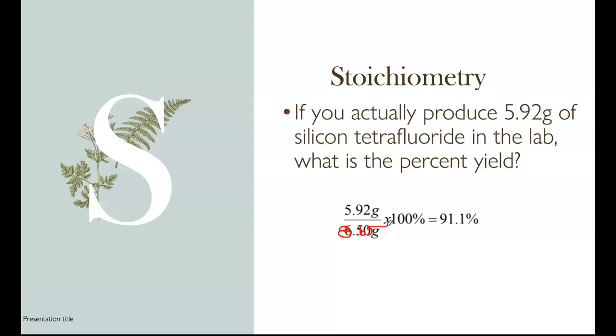So your percent yield is not going to be as high as what I originally had. 5.92 divided by 8.65 times 100. Oh, so we didn't really get a very good percent yield here. We only got 68.4% yield.